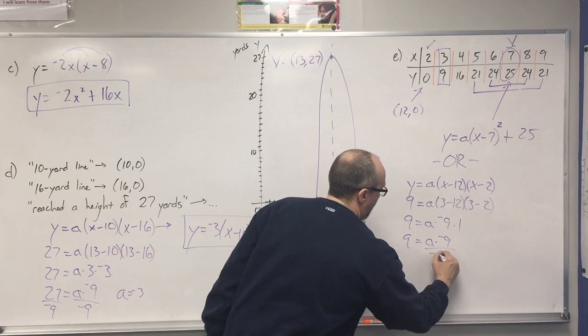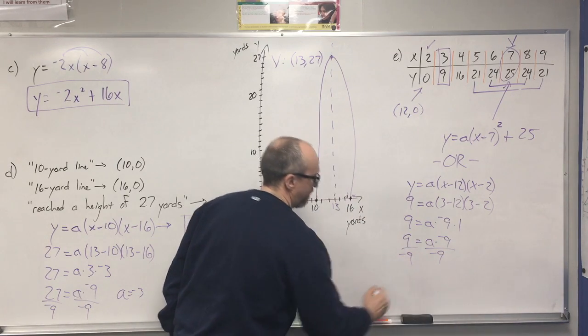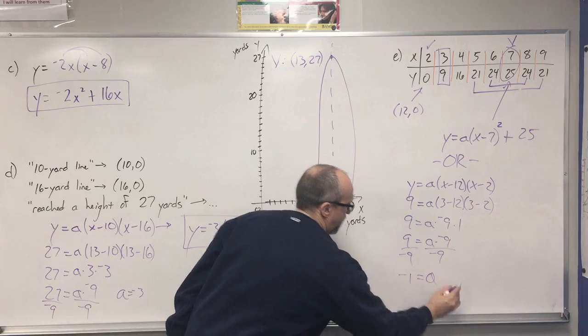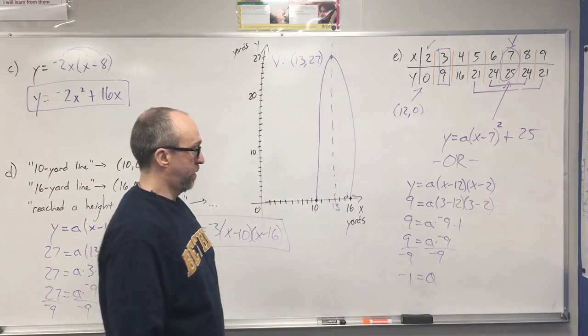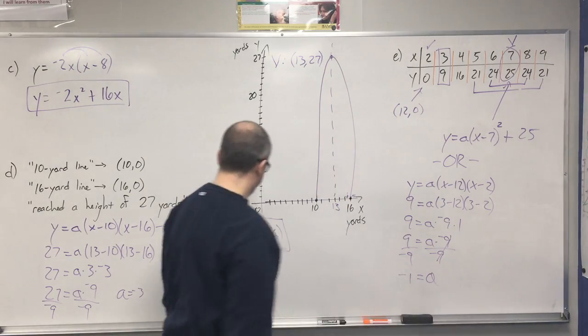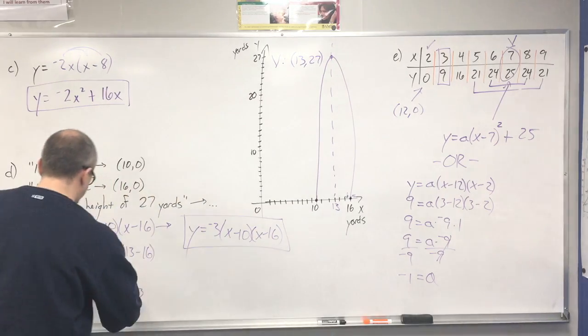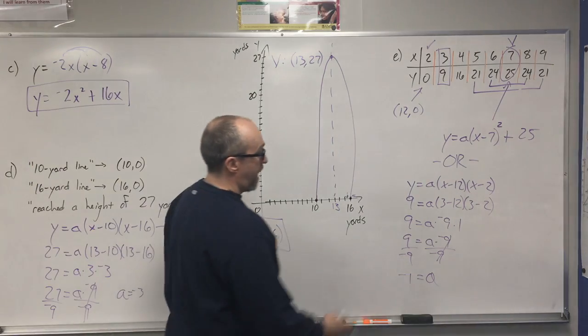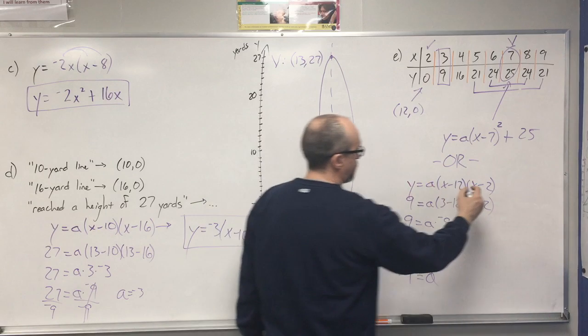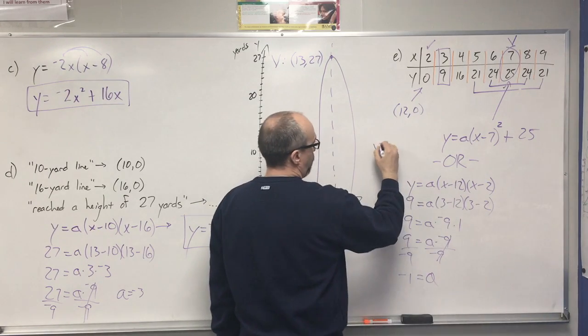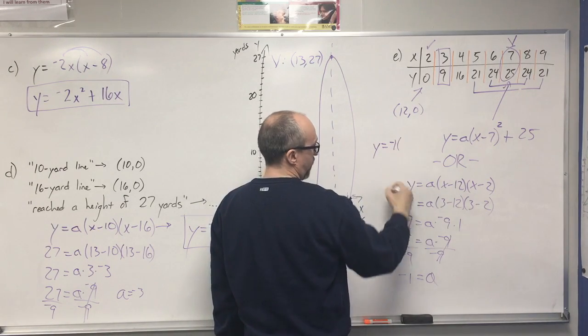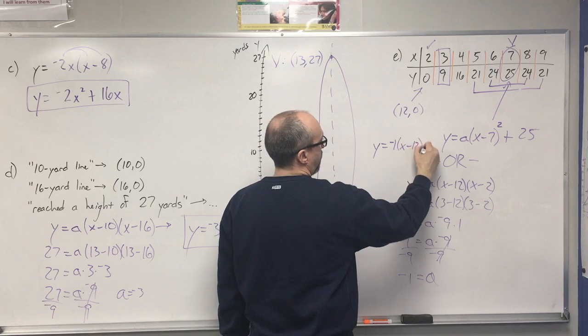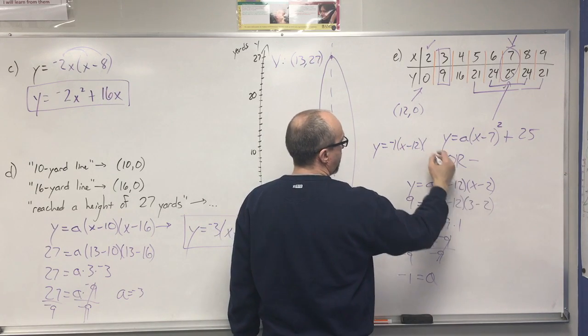And if I divide positive 9 by negative 9, I get that A is negative 1. Whoosh. So since I have that A value, now I've got my equation. It is just y equals negative 1, x minus 12, x minus 2.